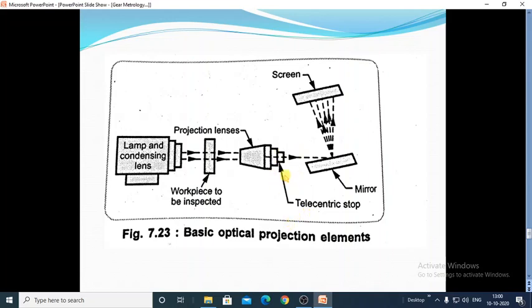For inspecting such taps or screw threads, this optical projection element or profile projector is used. This is the basic optical projection element. So here we are going to stop.